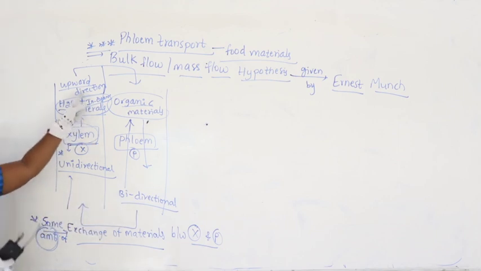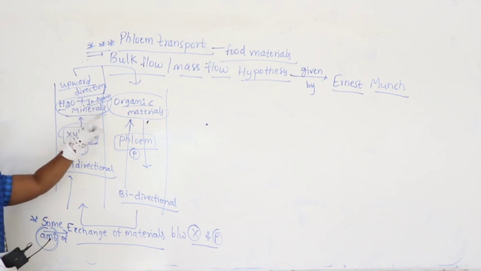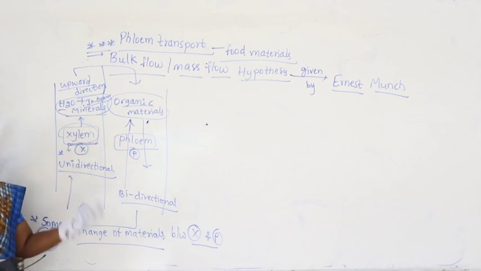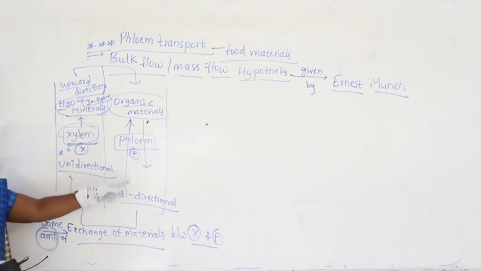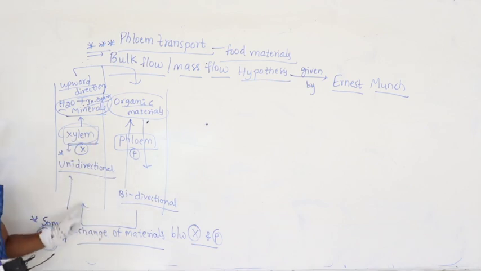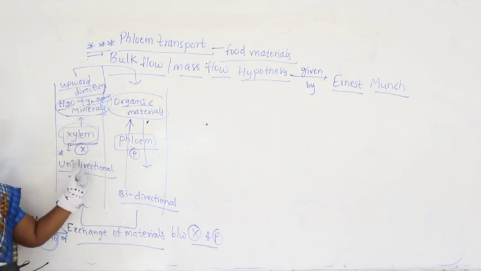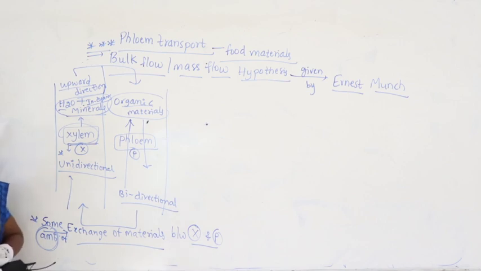Whatever xylem is carrying, a few inorganic minerals and little water, it will give to phloem. At the same time, phloem will also send some of the organic materials, food materials, to xylem. So there is an exchange of materials between xylem and phloem.